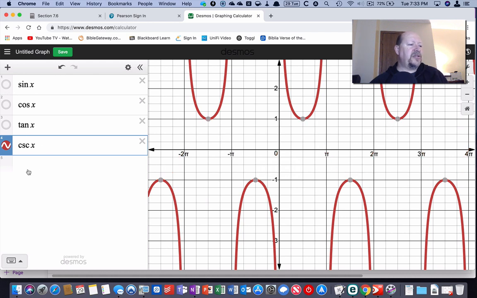So let me turn the sine back off. Whereas the sine values fluctuated between 1 and -1, the cosecant is in a sense the reverse of that: the range would be everything above 1 and everything below -1.